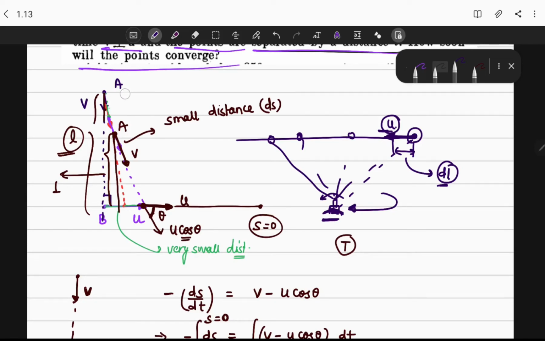At this particular point, this is the angle theta, so it will have the velocity of v cos theta.